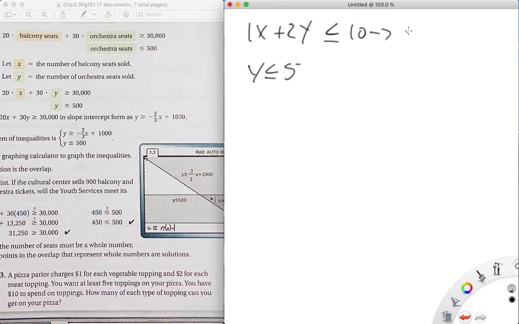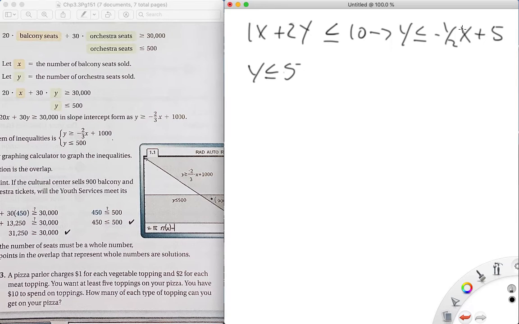So then turn this into slope-intercept form, and we have y is less than or equal to -1/2 x plus 5, and then y equals 5.